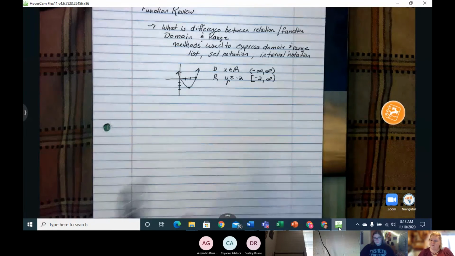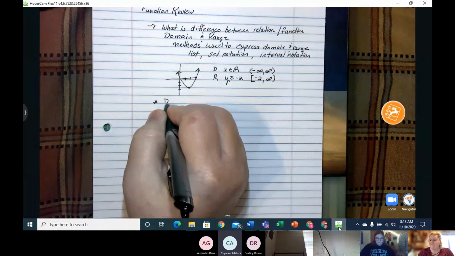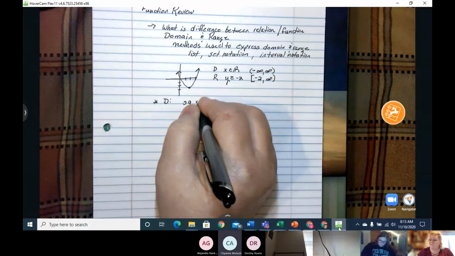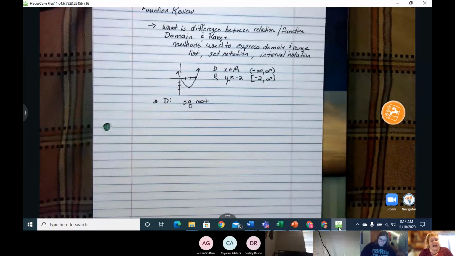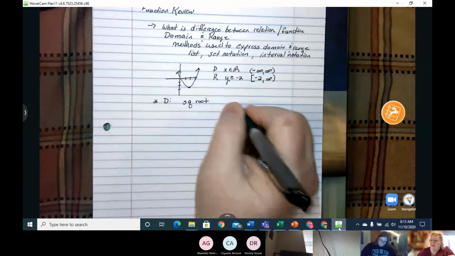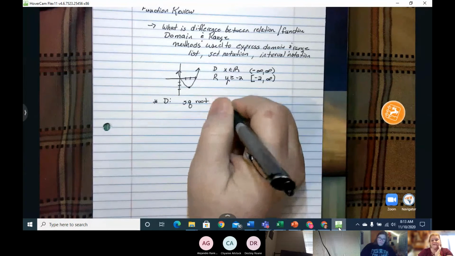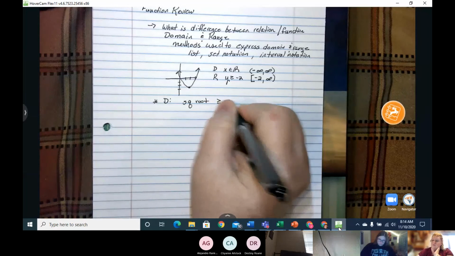In particular, the problems that you need to be concerned about with domain, you need to watch your square root problems. A square root problem has to have a positive number under the radical. So you have to know that in a square root problem the domain has to be greater than or equal to 0.